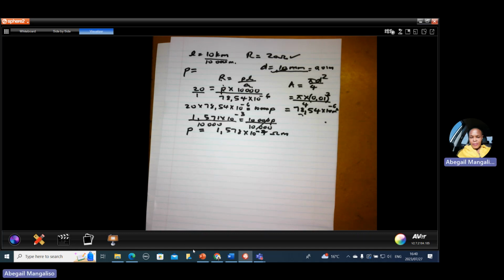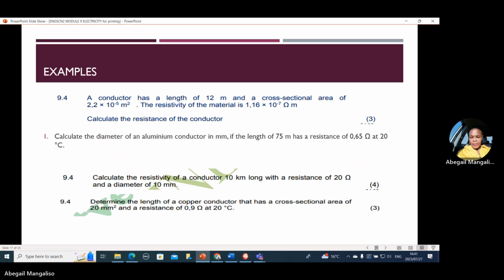Next question, last one. It says determine the length of a copper conductor that has a cross-sectional area of 20 millimeter squared. So area is given as 20 square millimeter. And the resistance R is 0.9 ohm at 20 degrees Celsius.